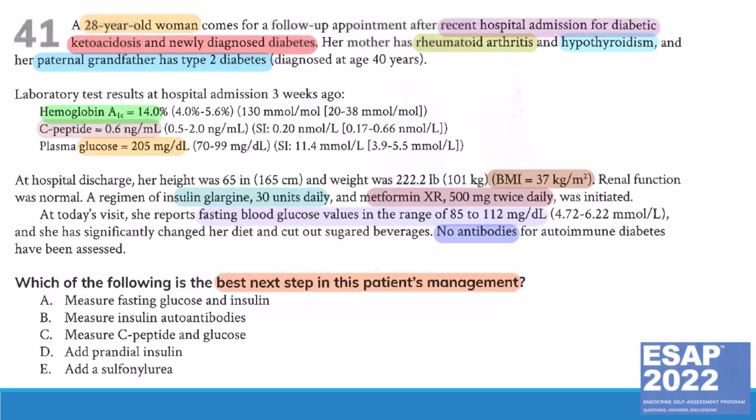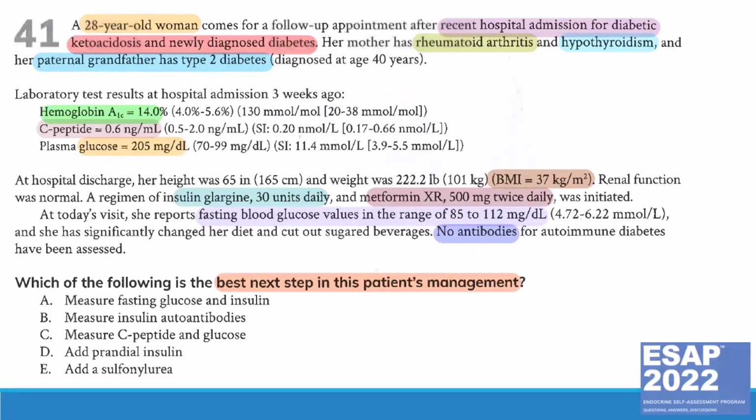Another question: this is a 28-year-old woman presenting after a recent hospital admission for diabetic ketoacidosis and newly diagnosed diabetes. The patient has rheumatoid arthritis and hypothyroidism, and her paternal grandfather has type 2 diabetes mellitus, diagnosed at the age of 40. Hemoglobin A1C is very high, C-peptide is low-normal regarding the reference range, and plasma glucose is mildly elevated.